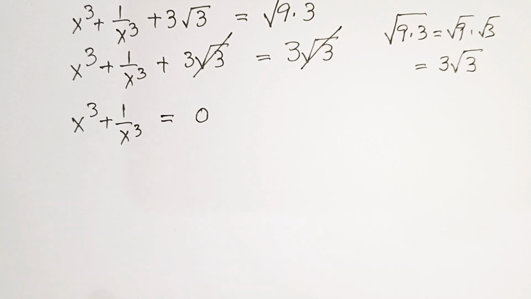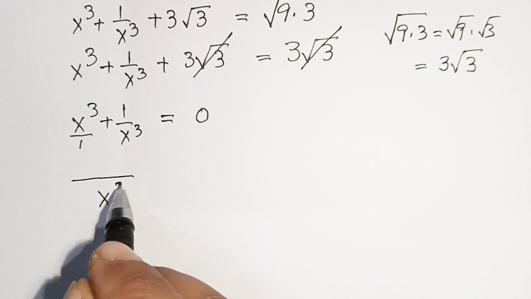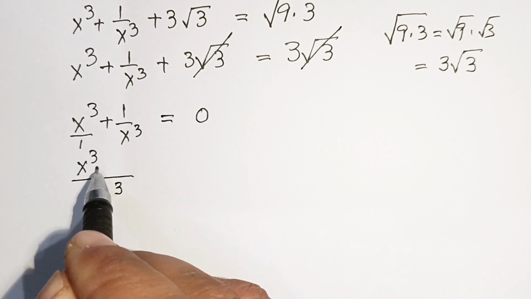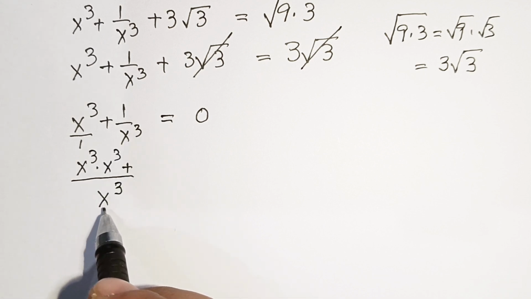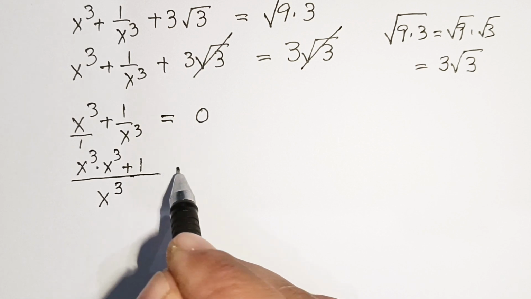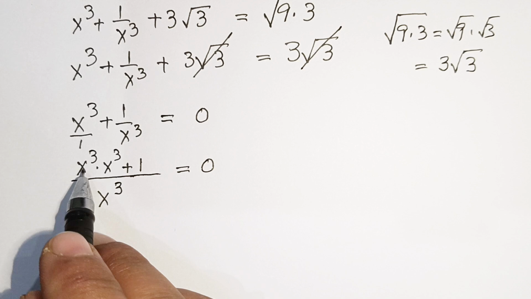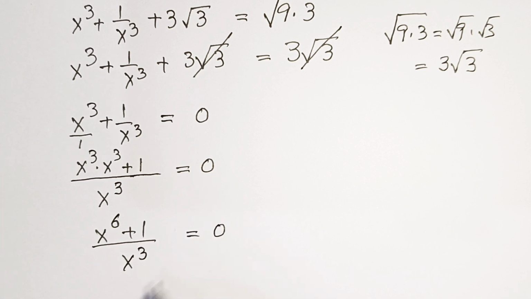Now here the denominator is 1, so taking the common denominator x cubed, we have x cubed times x cubed plus 1 over x cubed, where x cubed is cancelled with x cubed, we get 1, is equal to 0. Now x cubed times x cubed will be x to the power 6, plus 1, all over x cubed, is equal to 0.